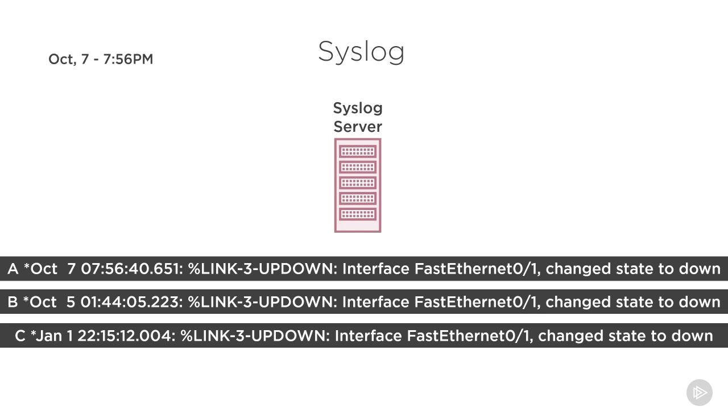Since these events all happened at the same time but were recorded as happening at different times, this can make troubleshooting more complex and actually make troubleshooting worse on our network. So what we want to do is find a way to get all of our devices to have the correct time listed on them.